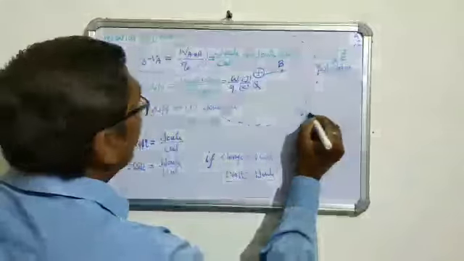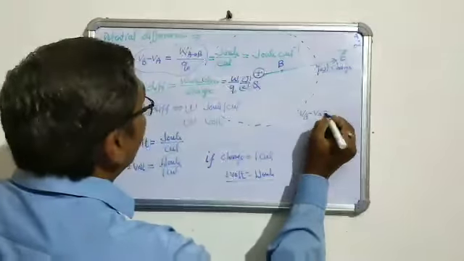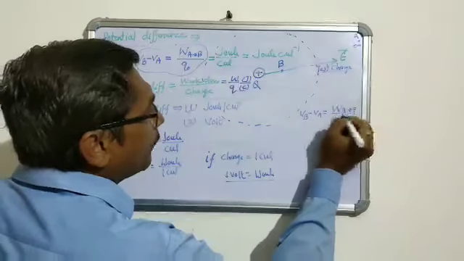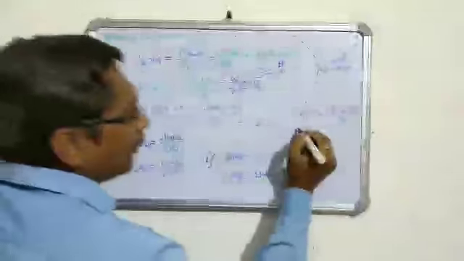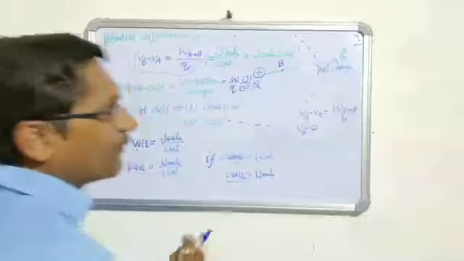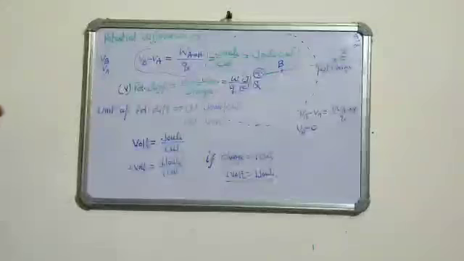So for electric potential, this formula is converted into VB minus VA equals W from A to B upon Q naught. Potential at B is VB, and potential at A is 0 because the point is situated at infinity.